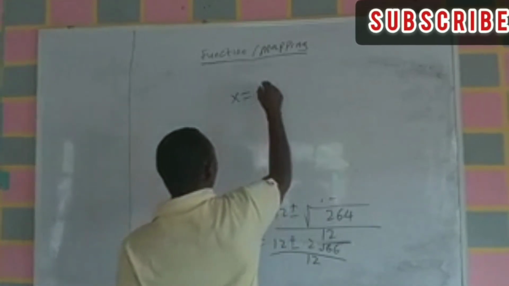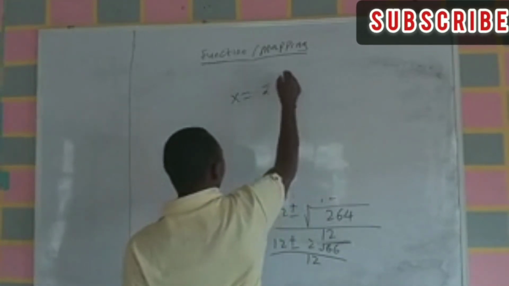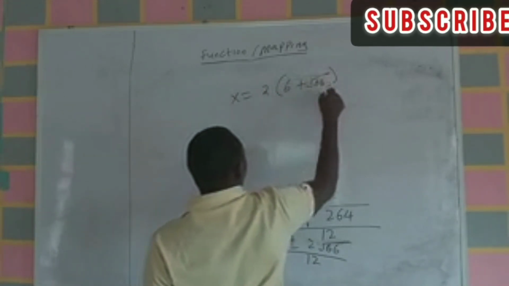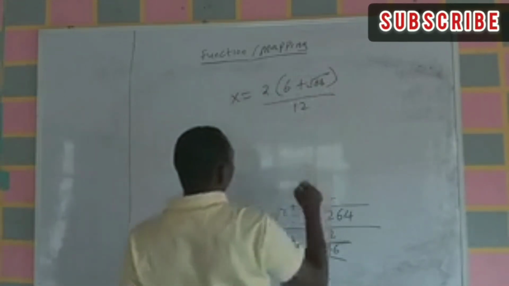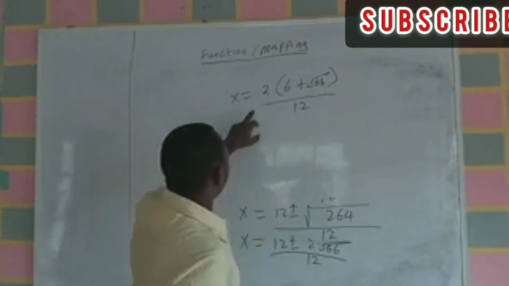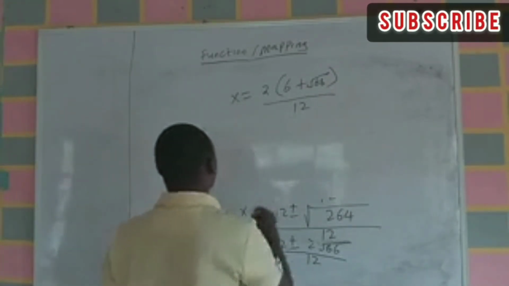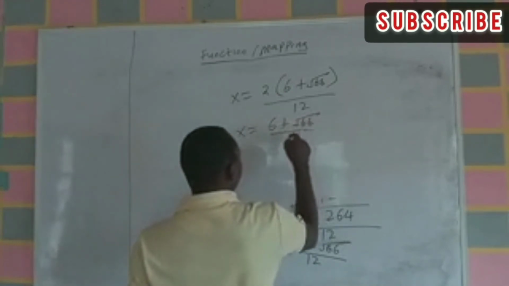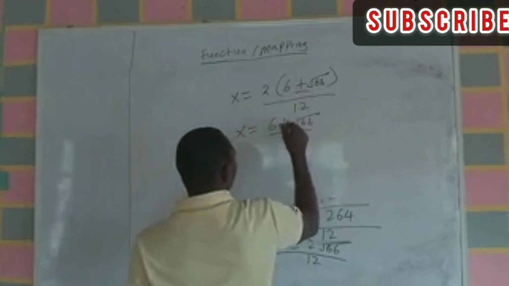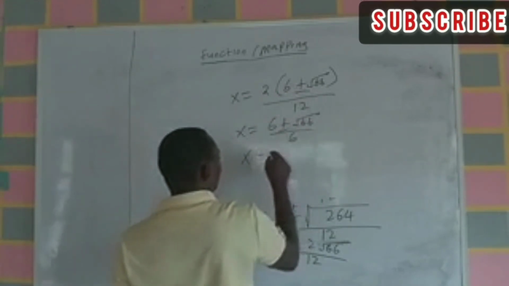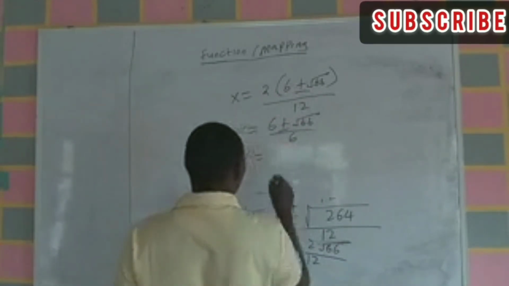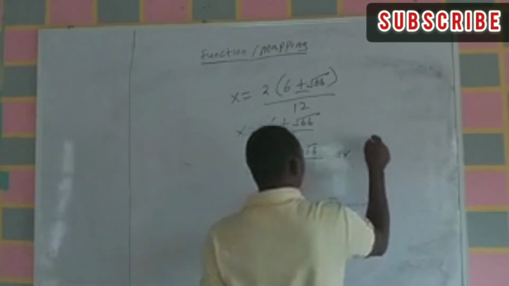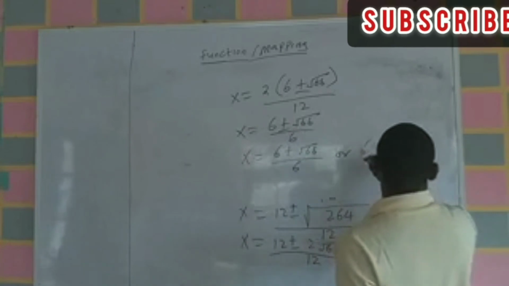So we have 2 times 6 plus or minus root 66, over 12. The 2 reduces the 12 to 6. So s equals 6 plus or minus the square root of 66, over 6. Taking the plus and the minus sides: 6 plus root 66 over 6, or 6 minus root 66 over 6.